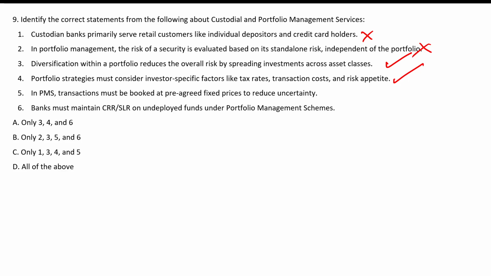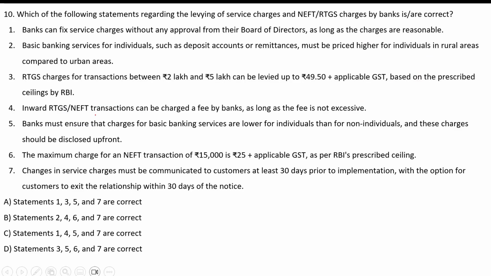So PMS transactions must be booked at market rates and not pre-agreed fixed prices. So this statement is not correct. Bank must maintain CRR or SLR on undeployed funds under PMS. Correct. So this statement is also correct. So 3, 4 and 6 are correct, making option A the correct answer for this question.